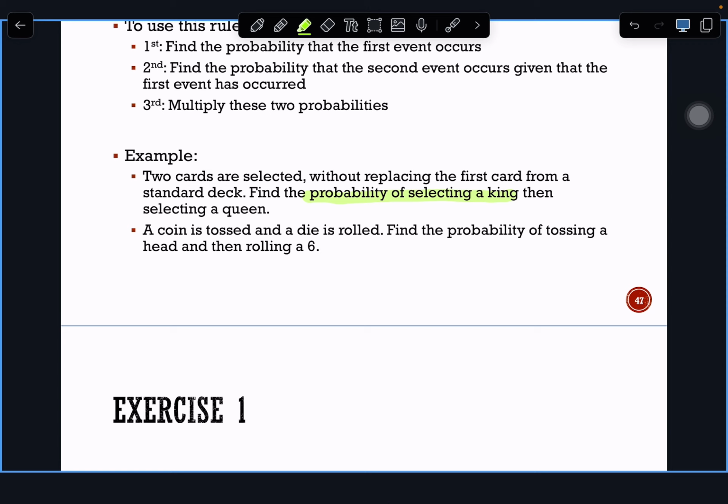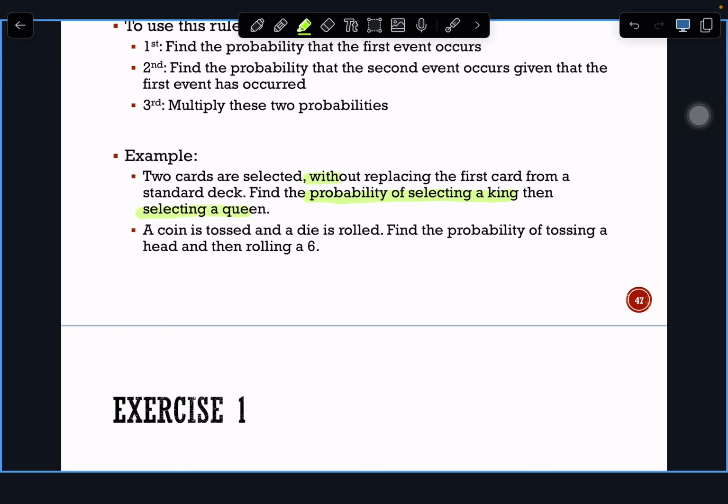This one 4/52, agree? Why 4? We have four kings. Why 52? Total cards. Okay, clear? And then selecting a queen.